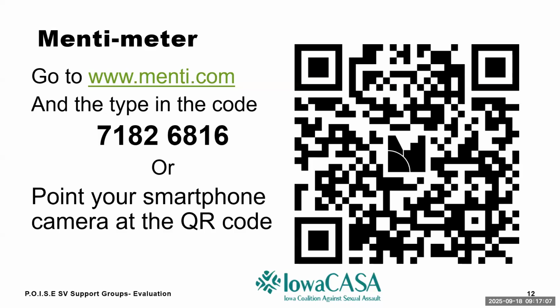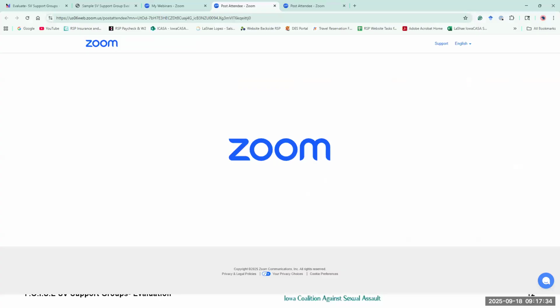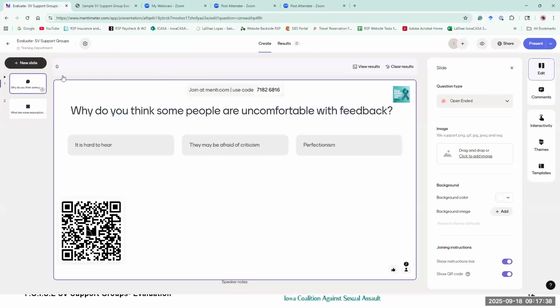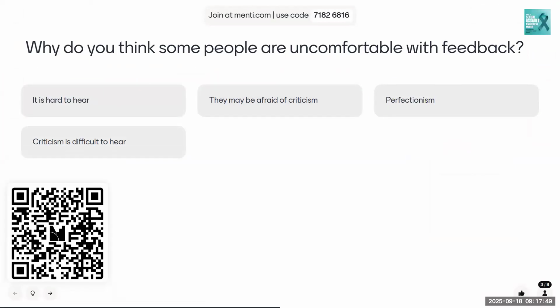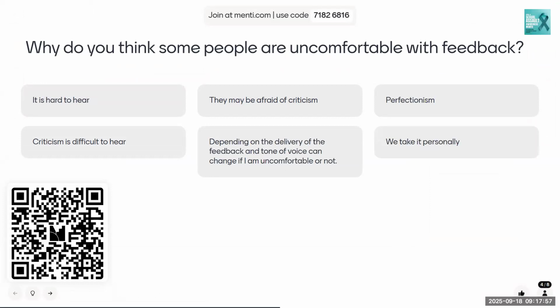And so I'll give you all a couple of seconds before I switch my screens over to the Mentimeter. Can everyone see my screen, which should now be showing the Mentimeter?